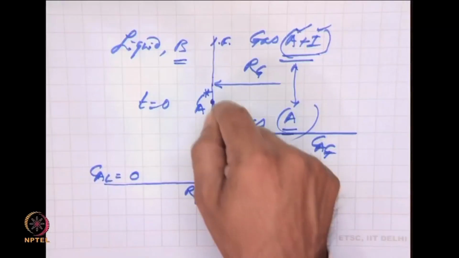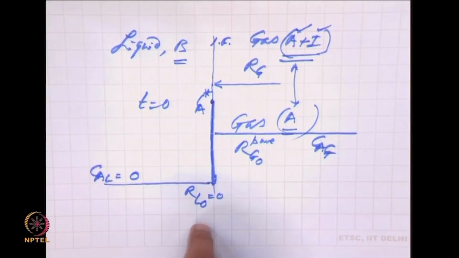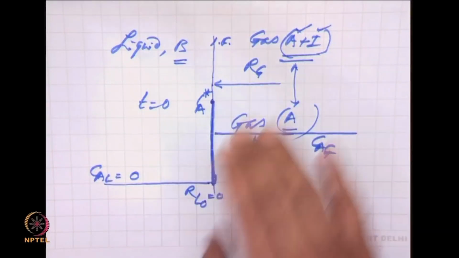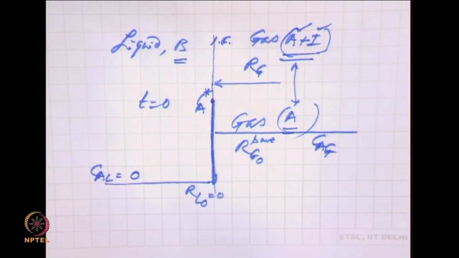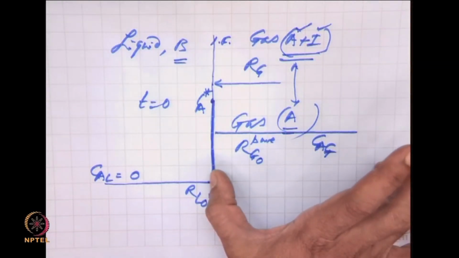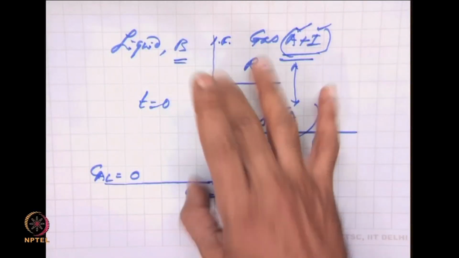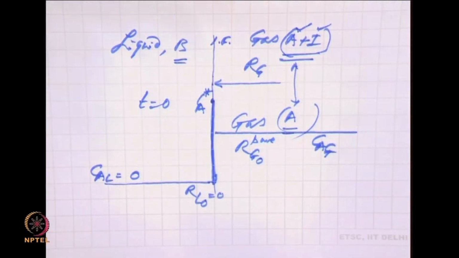At time 0 the gradient is infinity, driving force is finite. So, driving force by resistance being equal to rate, rate being infinity, resistance must be 0. Okay. So, at the initial moment there is only resistance in the gas phase, presuming no resistance in the interface, liquid phase resistance is 0, correct.